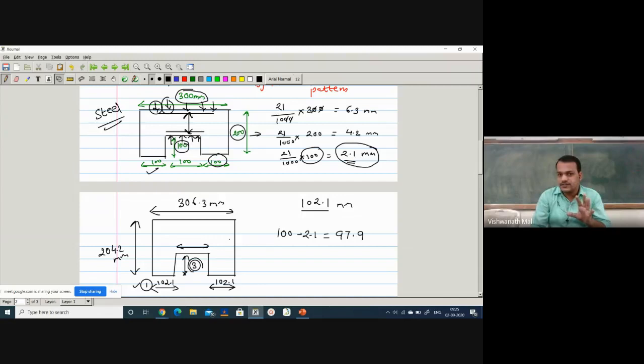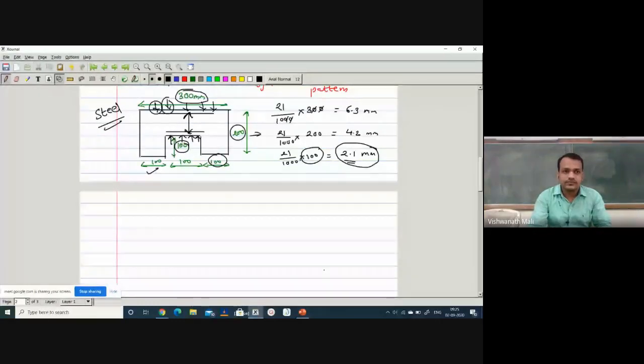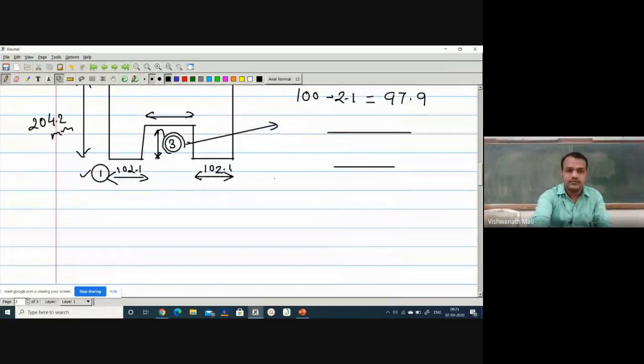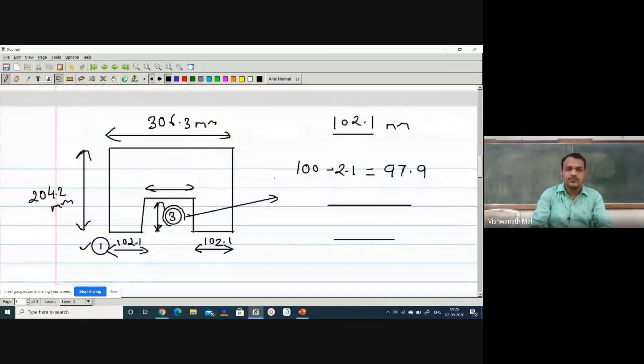Have you understood this third dimension? The third dimension is 97.9. When it shrinks, the third dimension should be 97.9. Why are we subtracting it?